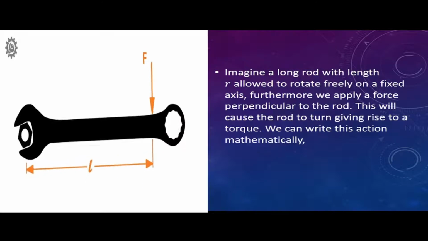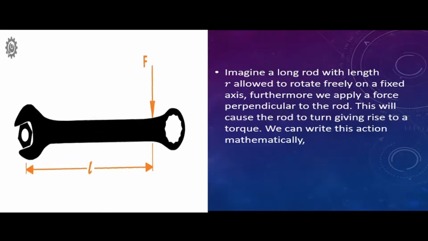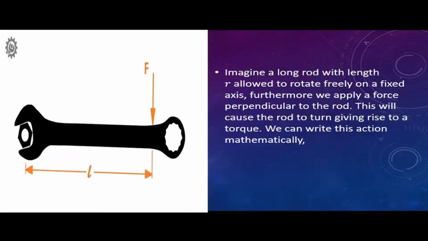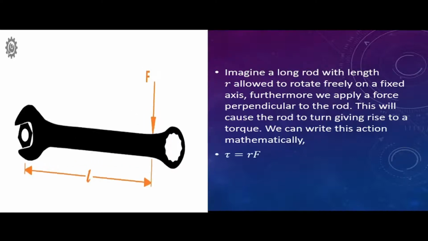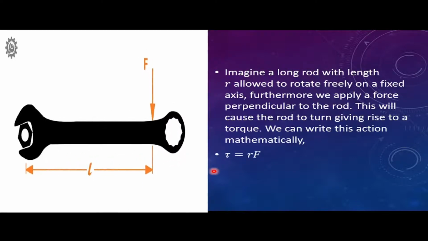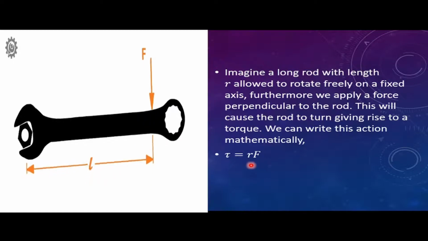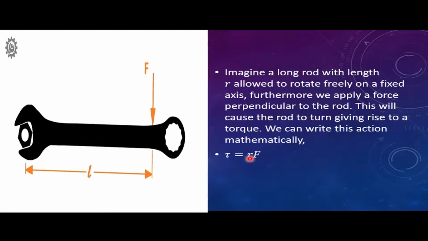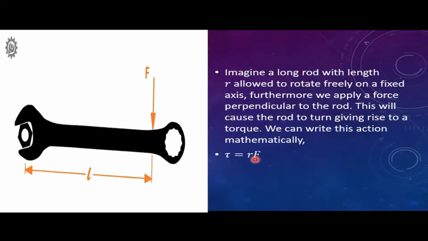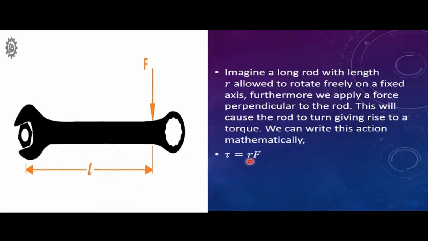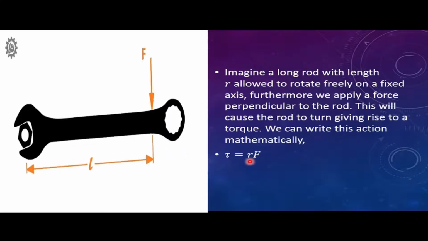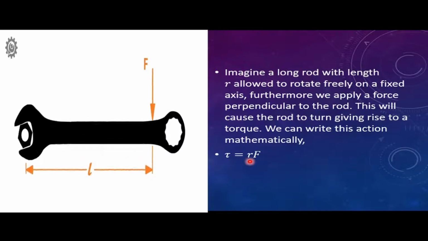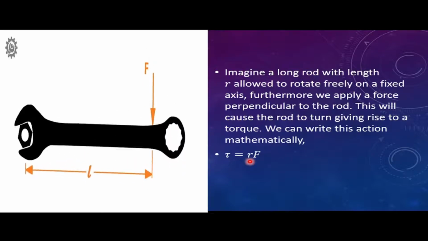So we can write this interaction mathematically as torque is equivalent to the product of R, which is the length of the rod, times F, where that length is where the amount of force F is being applied.